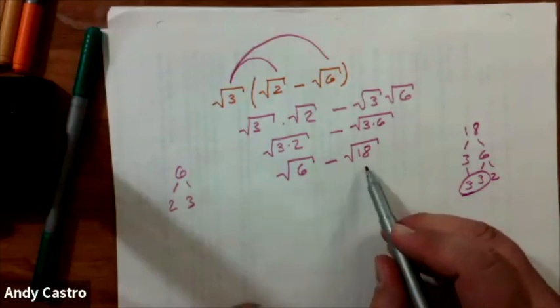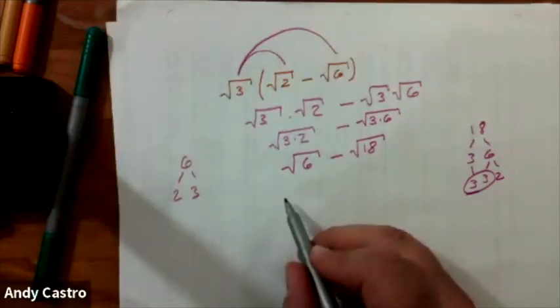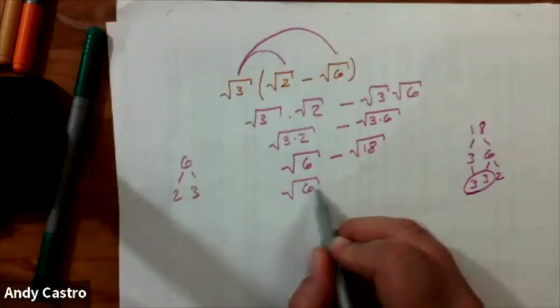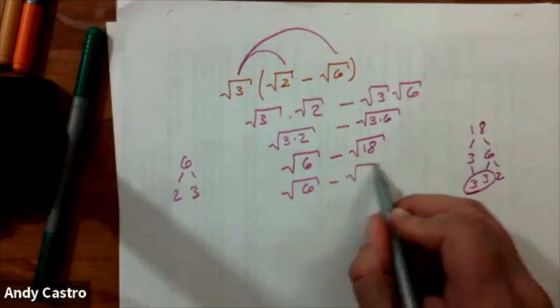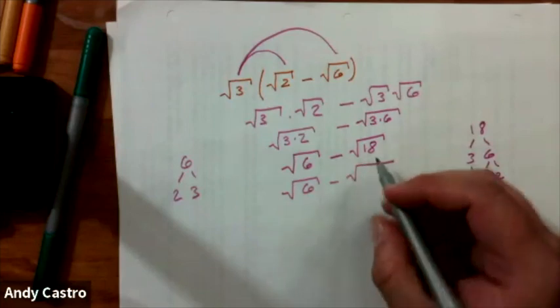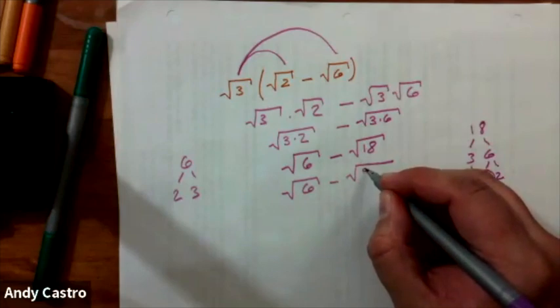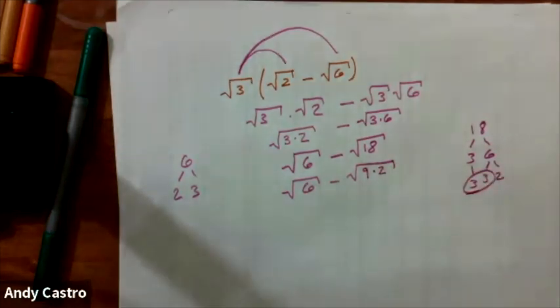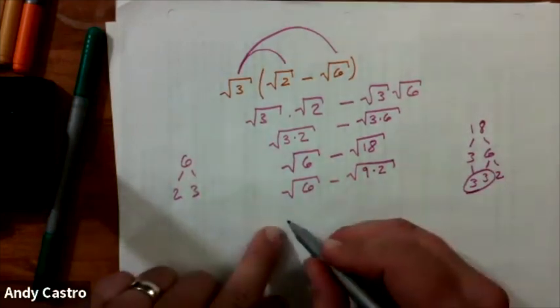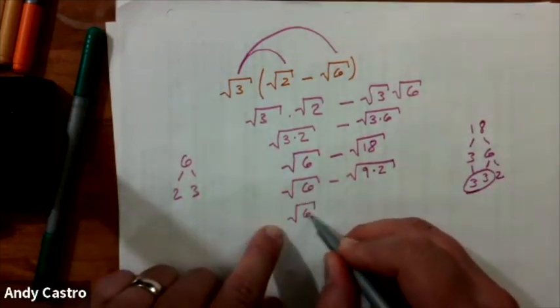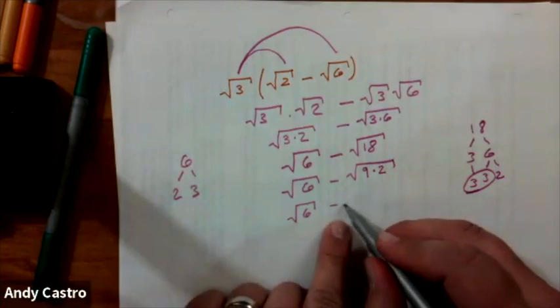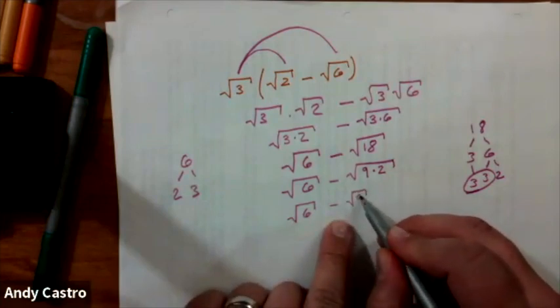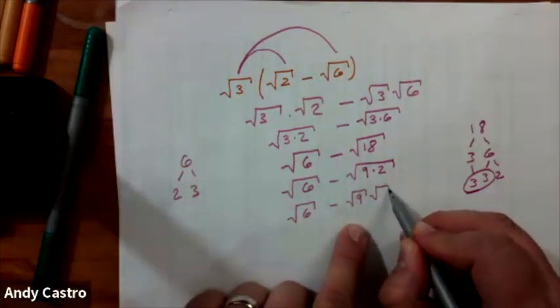So what I can do with this square root of 18 is I can say 6 minus, and I can divide this square root of 18 into the square root of 9 times 2. And the reason that I'm doing that is because now I can do minus the square root of 9 times the square root of 2.